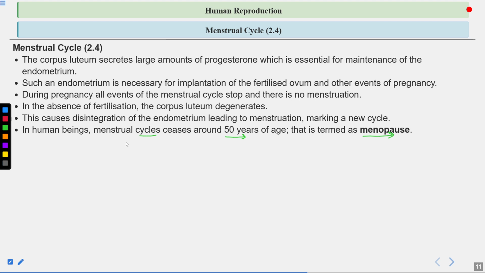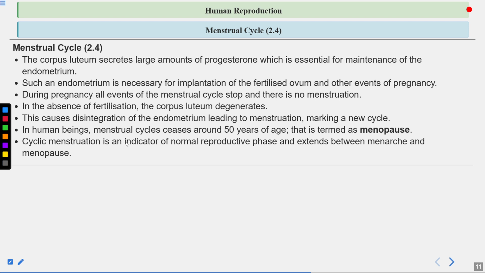In spermatogenesis, sperm formation occurs even in old men, although these sperms are not that viable. But in females, oogenesis ceases, the egg formation stops. And this is known as the menopause, and it occurs around 50 years of age in females.